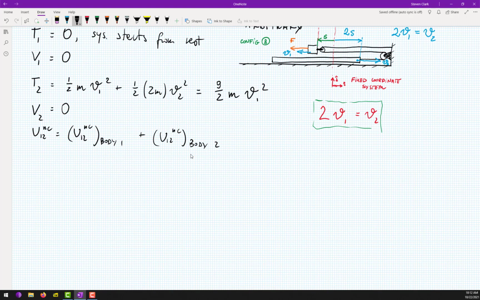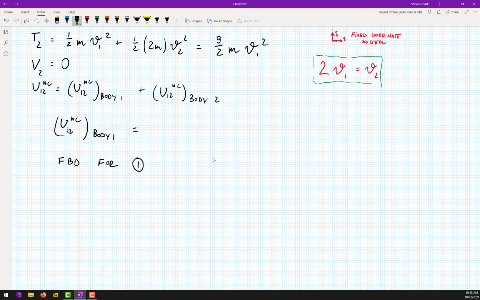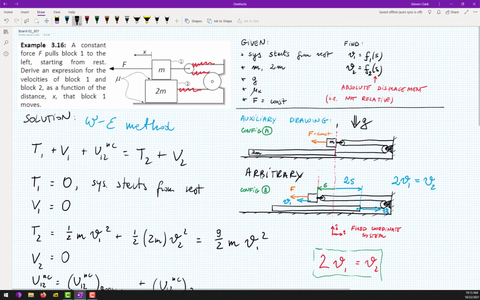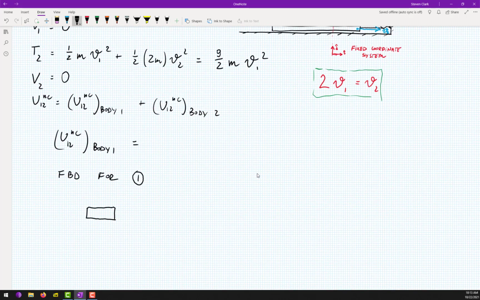Okay, so let's focus on body 1. Let's find U12 non-conservative of body 1. To do that, I think we should start with the FBD for body 1. I can draw that guy here. It has this guy attached to itself.